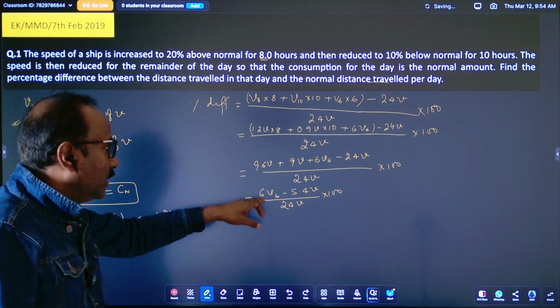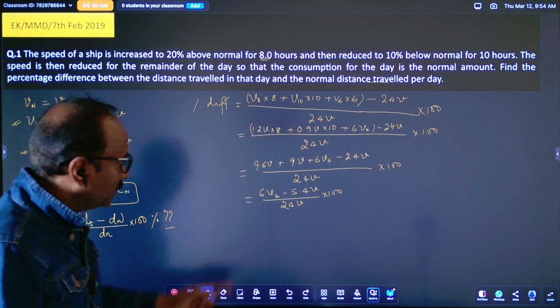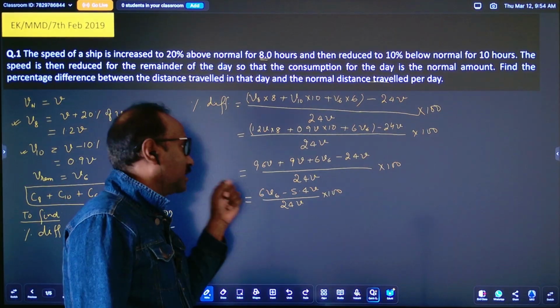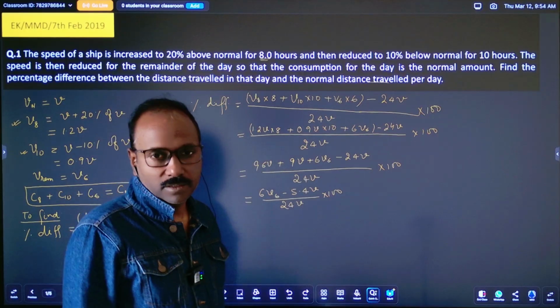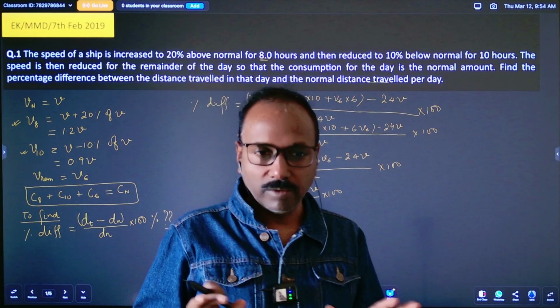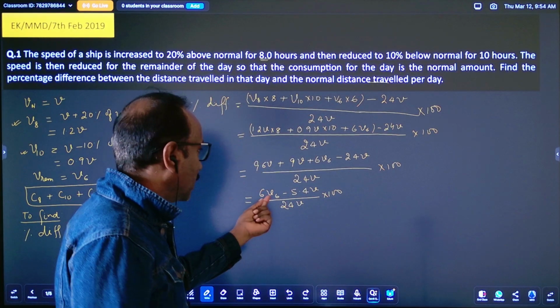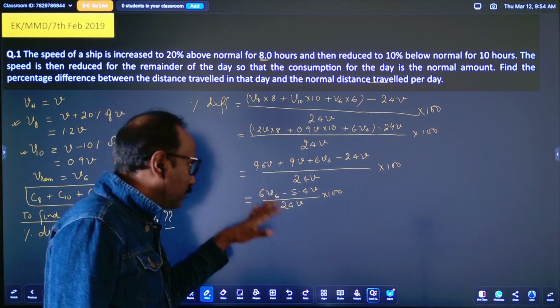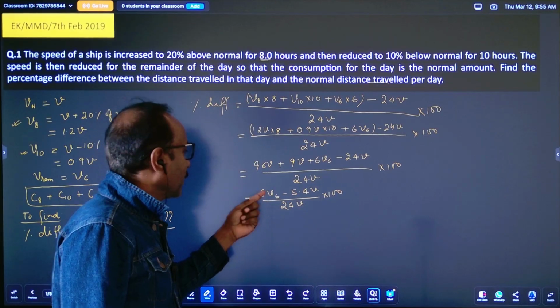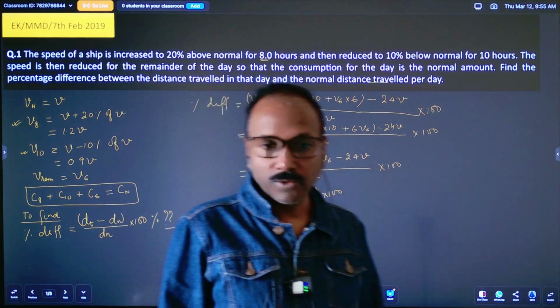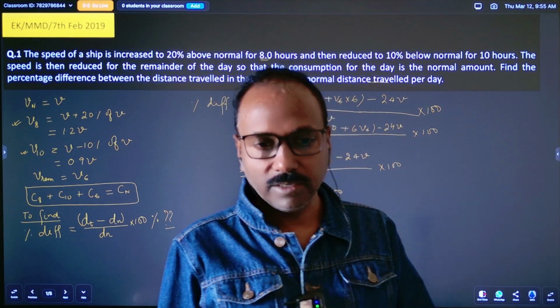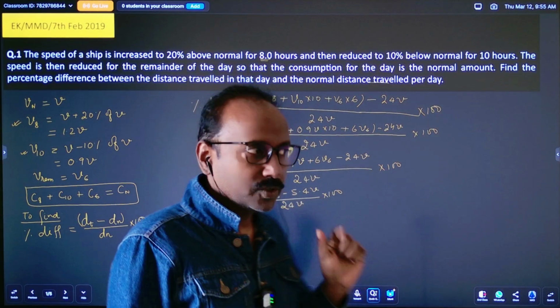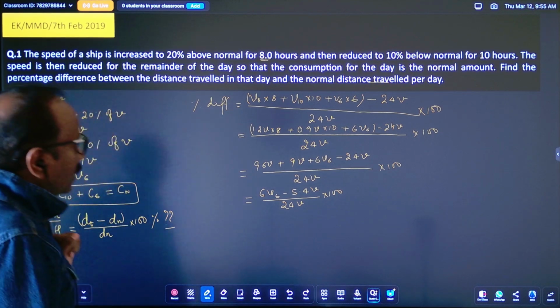In this equation, if you would have known V6 in the terms of V, your question was solved. But at present you are not knowing V6 in the terms of V. So your approach should be how to find the V6 in terms of V. So what will you do?